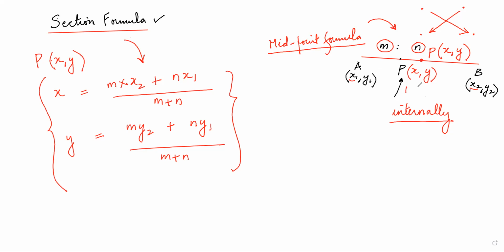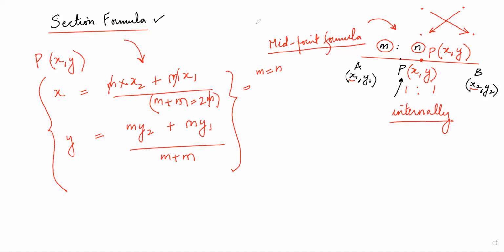You may say it's 1:1 when P is in the middle. So we can say m is equal to n. When we put m is equal to n, here also instead of n, I can write m. Here also it becomes m. When this becomes m, m comes out and this is 2m, right? So that will cancel with m.